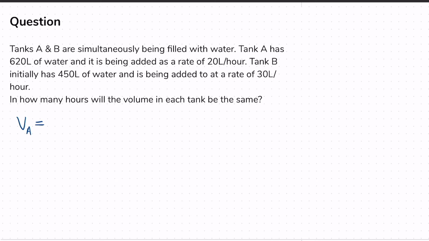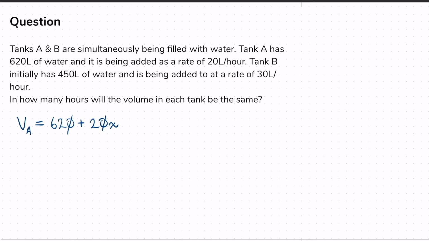It begins at 620 liters, and it's being added to at a rate of 20 liters per hour. So however many hours I do it for, let's call x the number of hours, I'm adding 20 liters. So if it's 1 more hour, it's just one lot of 20. 2 more hours, it'll be 2 times 20.